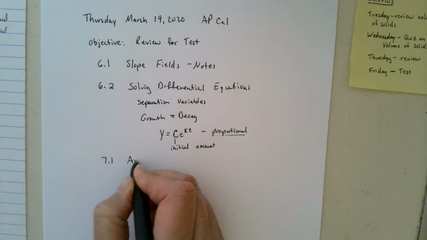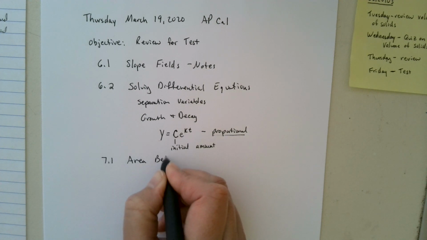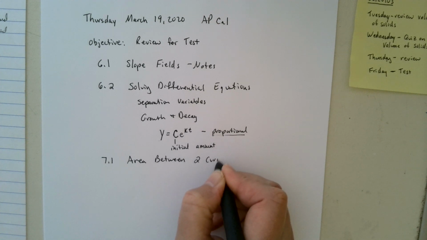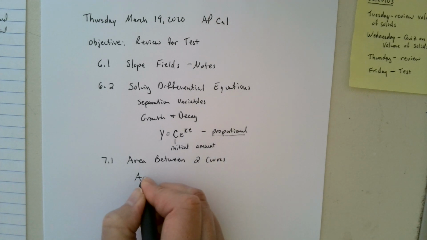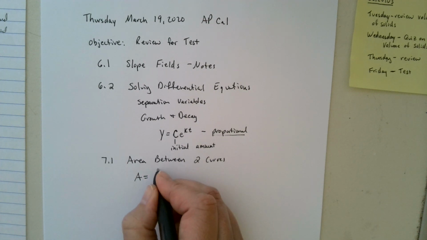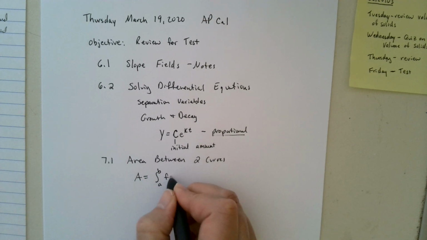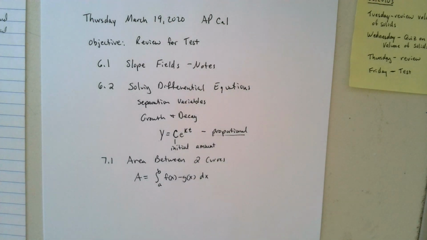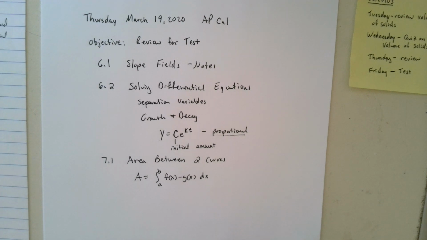7.1, we had area between two curves, which seems really simple compared to the volume now, but it's just integrating from a to b of f of x minus g of x dx, and it represented the area between two curves.